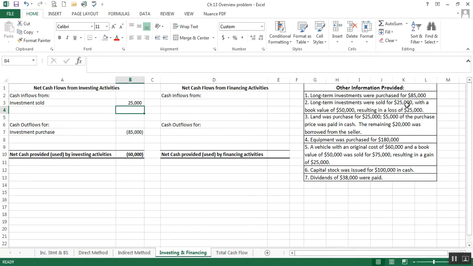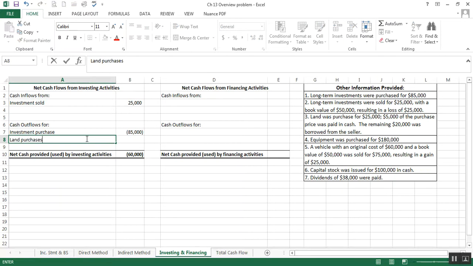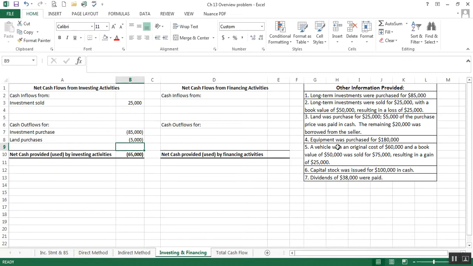because the value was $50,000, but we only received $25,000 in cash. Now we purchased land for $25,000. $5,000 of the purchase was paid in cash. The remaining $20,000 was borrowed from the seller. Well, we made a purchase, that's money outgoes, so land purchased is going to be an outflow of $5,000. That means that we paid $5,000 for it. The remaining $20,000 is going to be a non-cash supplemental disclosure.